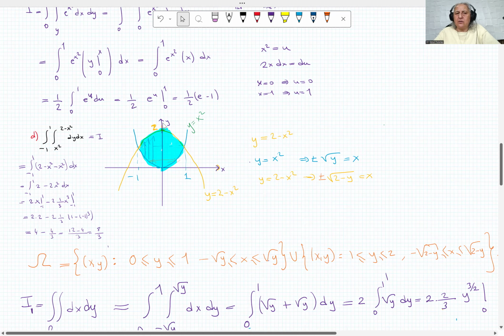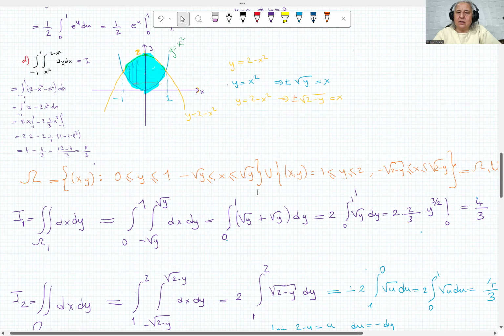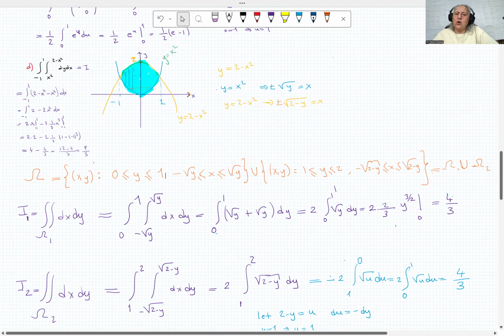Once we have written down the region, we can interchange the order of integration.